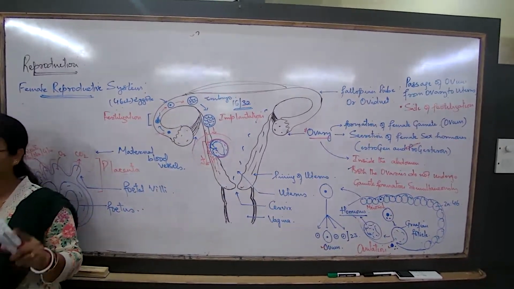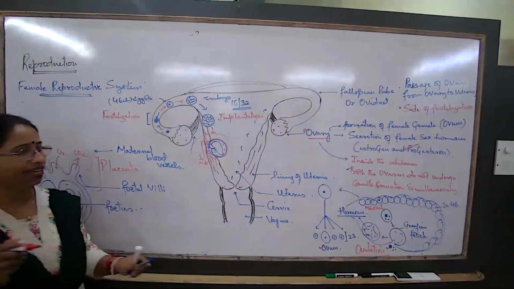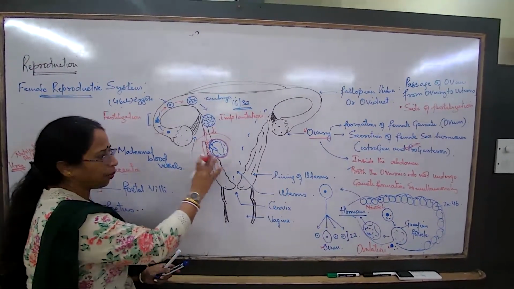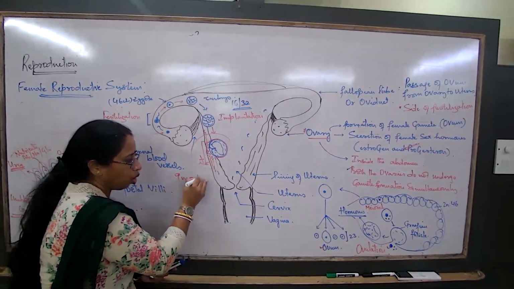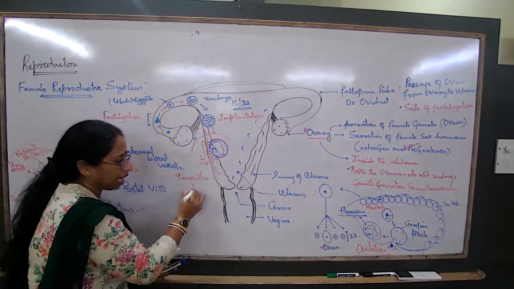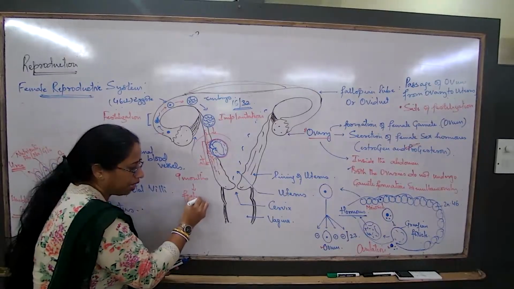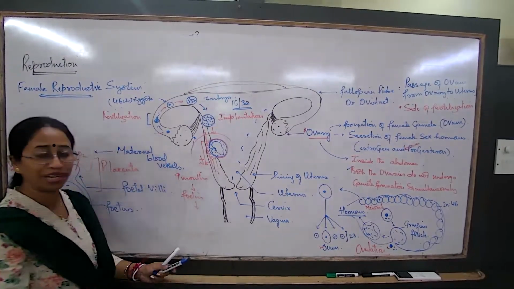So once the growth of the fetus is all done, there has to be a hormone release. Now I understand that in this entire period of 40 weeks or 9 months, the entire fetus is well developed. Now a particular hormone has to be released.